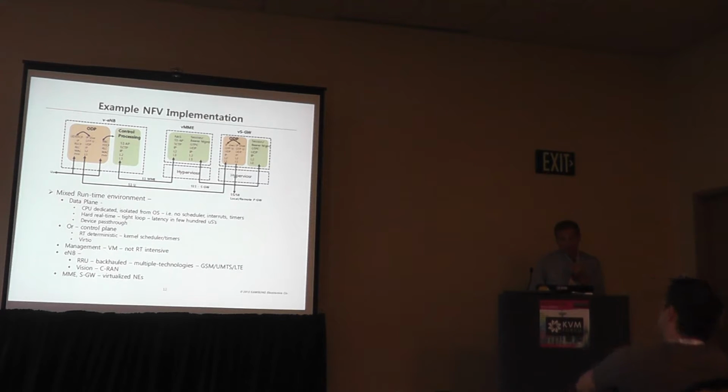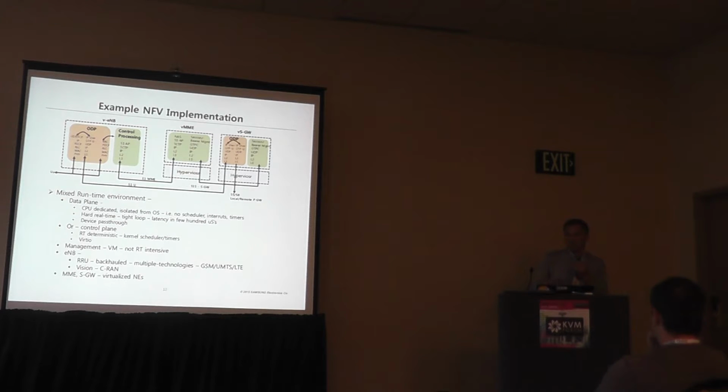But the eNode B has to shuffle so much data to control processing, and at the same time it also has to do so much radio management of the mobiles, and it also has to shuffle so much data. So the eNode B is slightly different. But this is the decomposition.